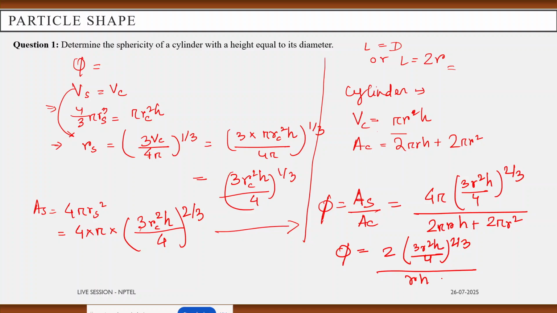So up to this, I hope it is clear. So we will now consider the special case where h equals 2r. We will put it simply in this equation.